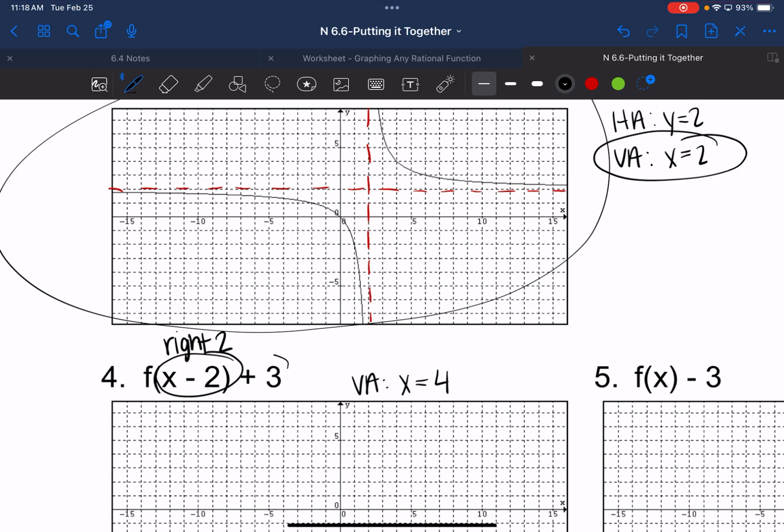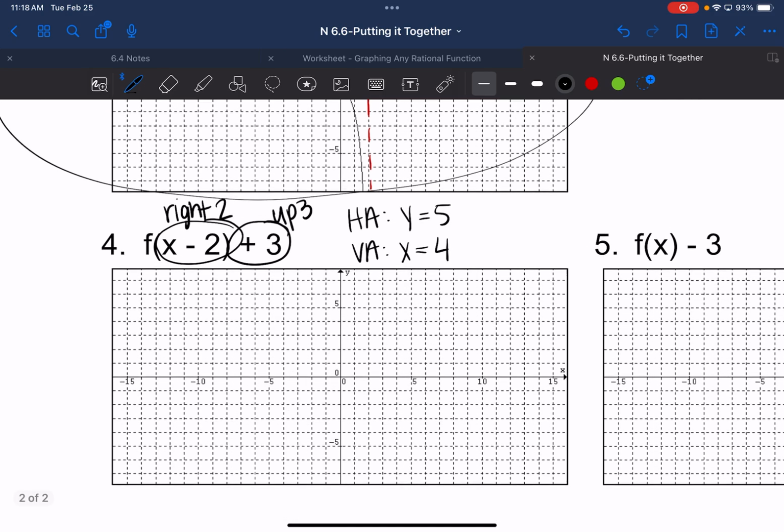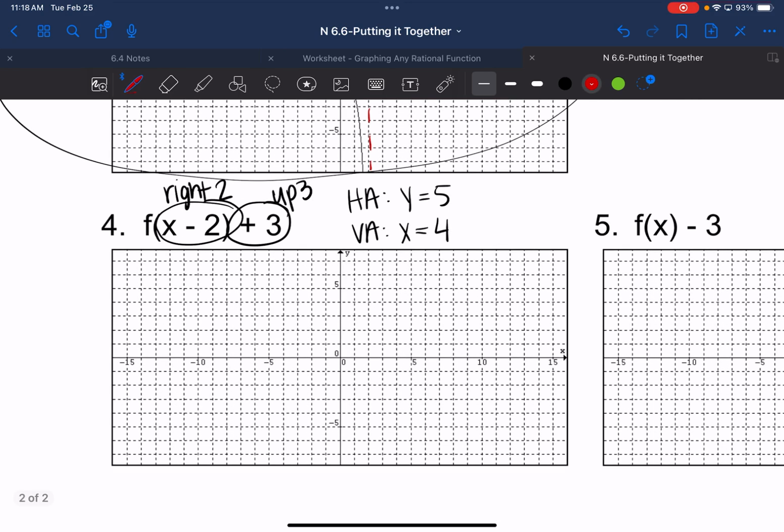Okay. What does this plus 3 out here on the end tell us we're doing? Up 3. So if I shift up 3 from y equals 2, now I'm going to be at, right. So now we're going to redraw the picture, but with these new asymptotes.